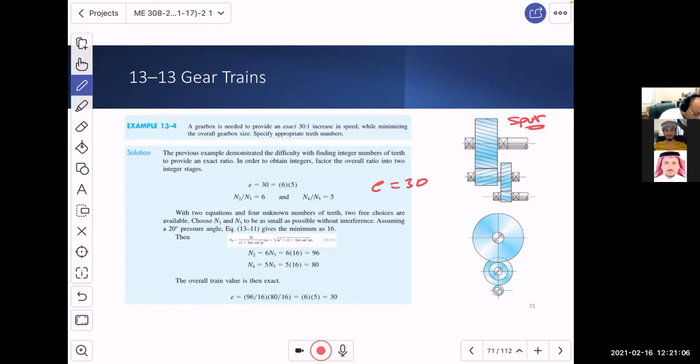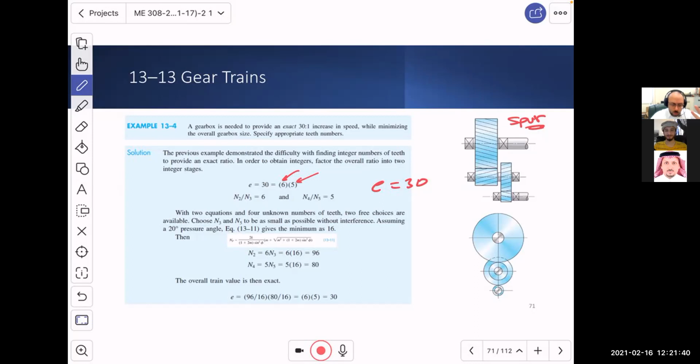So you will assume that the gear ratio of the first one is 6, and the second gear ratio is 5. A neat assumption. And it is not like, oh, what if he did more? What other multipliers? You will multiply how much? 2 by 15? Come on. They should be close to each other, not too far from each other.